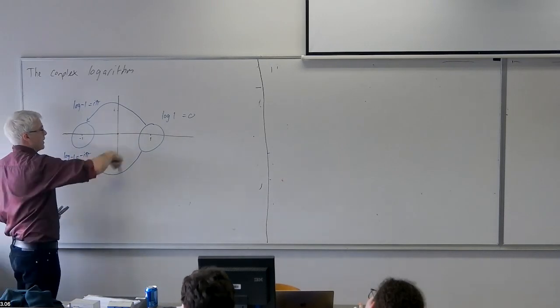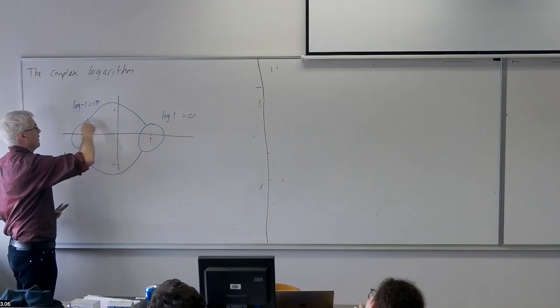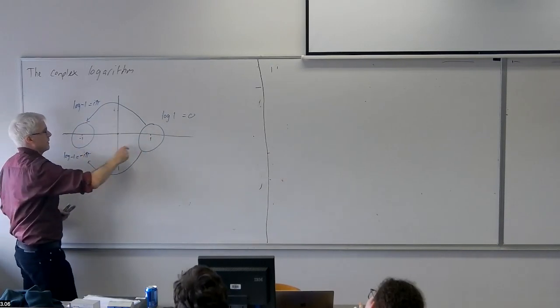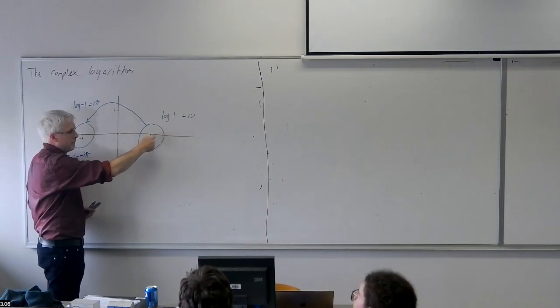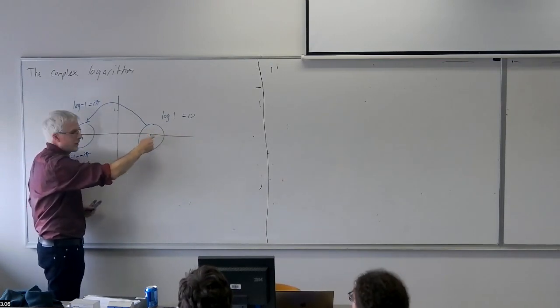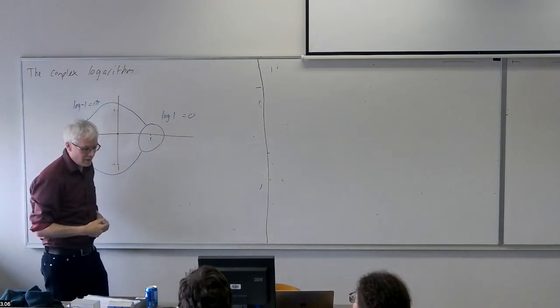And actually, if you keep on going around the circle, if you go this way around, you get higher and higher each time. Each time you get back to here, you go 0, 2 i pi, 4 i pi, and so on. And the other way around, you go negative.